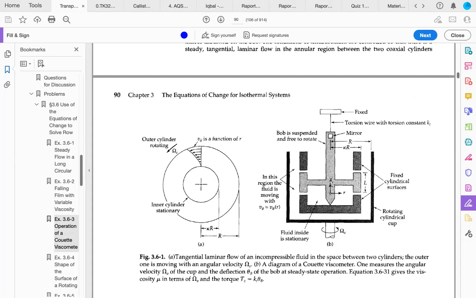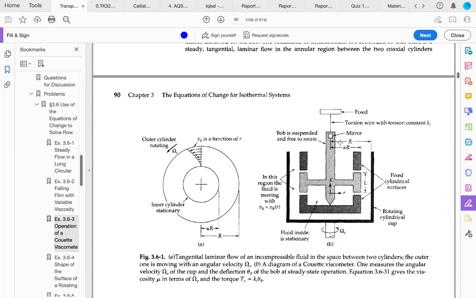Because it is rotating, it will have angular velocity, v theta, and it has a radius of kappa R. You can look at the blue one over here. Then we have another bigger cylinder, the container, with the radius of R.